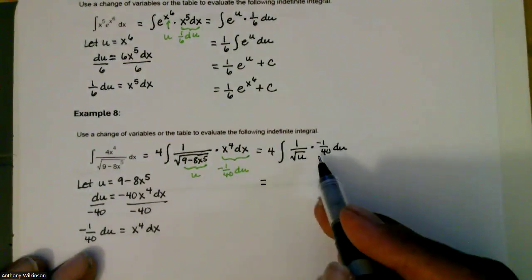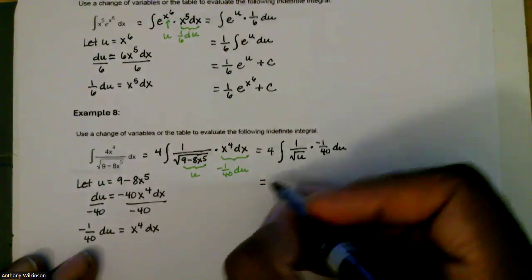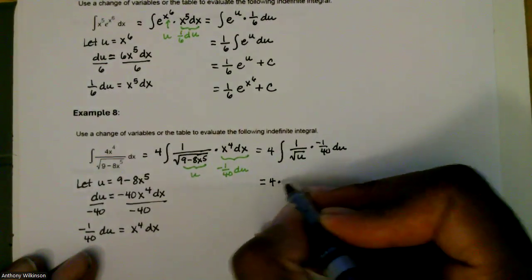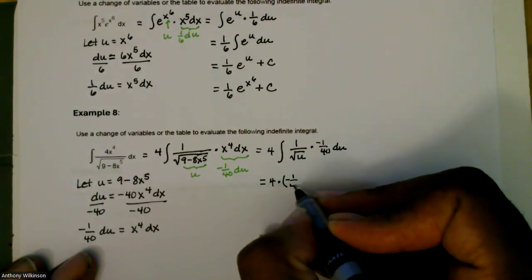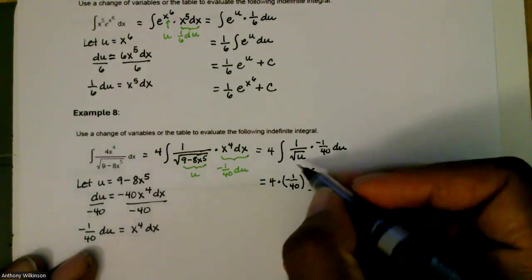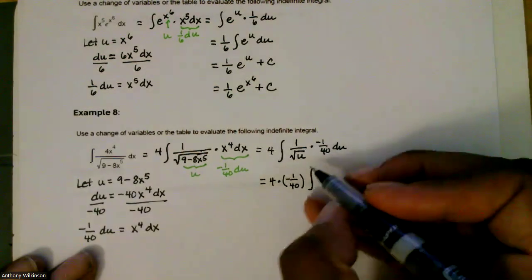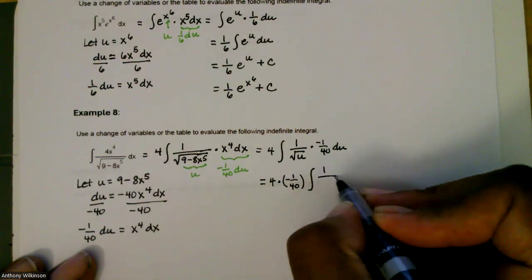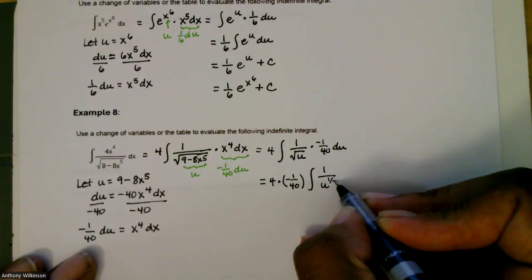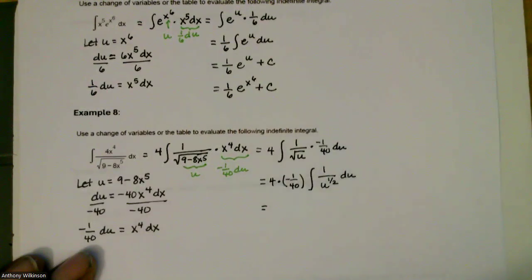And I'm going to pull that negative 1 over 40 out in front. So I get 4 times negative 1/40th times the integral of square root of u, which in its exponential form will be 1 over u to the 1/2 du.